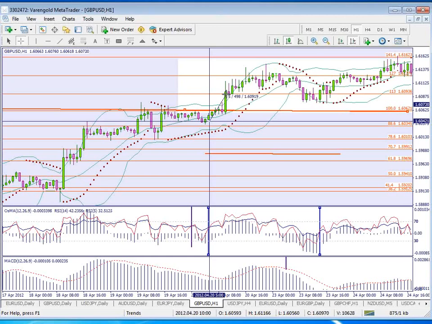Also, you can see my potential target will be about 49 pips or 490 points if you have a 5-digit platform.